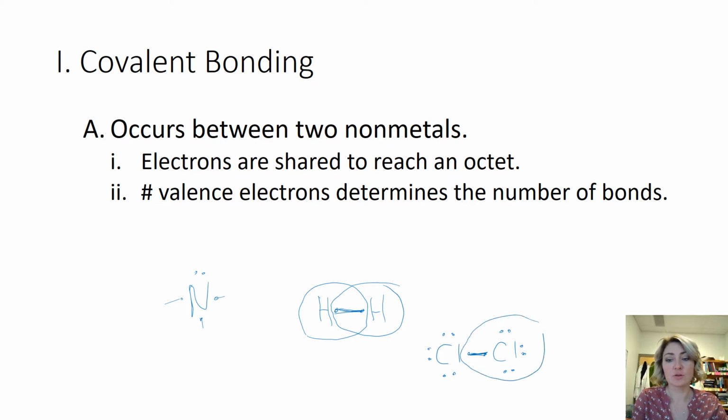This chlorine has 1, 2, and I'm going to use a different color so you can see it, 3, 4, 5, 6, 7, 8. The other chlorine gets to claim those shared electrons too, so he has 8 total electrons. Sharing is another way to get up to that stable octet of electrons.